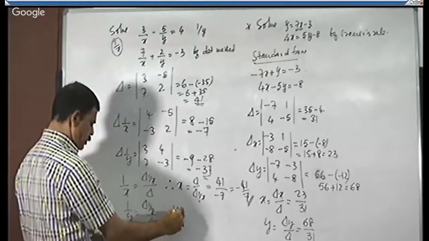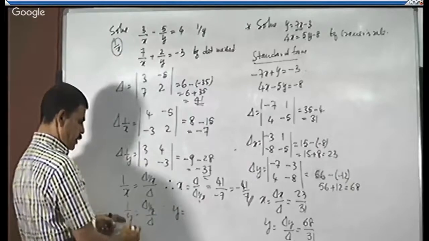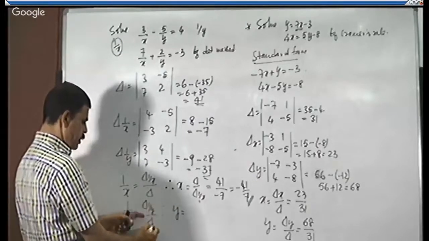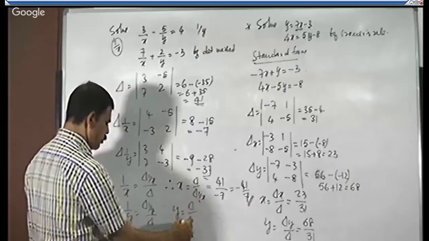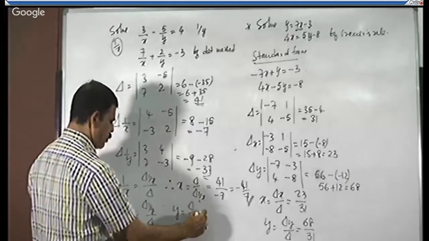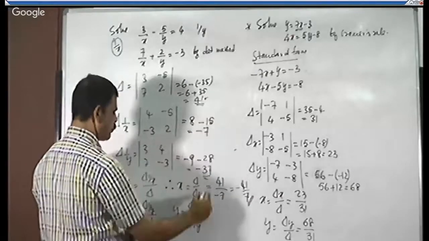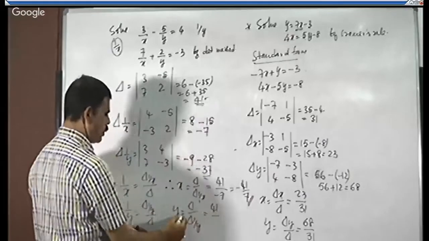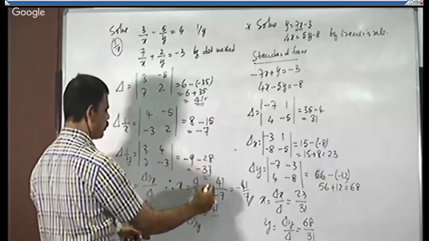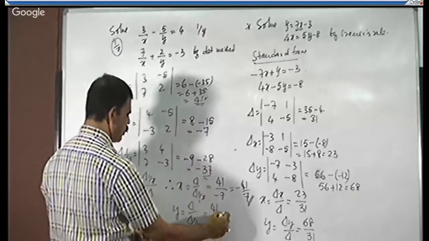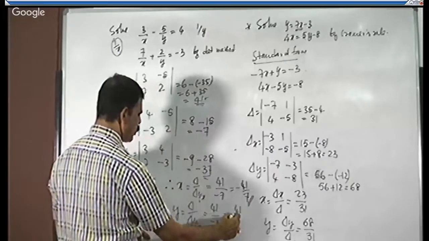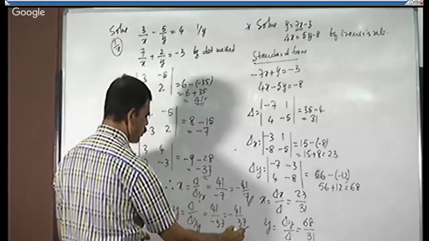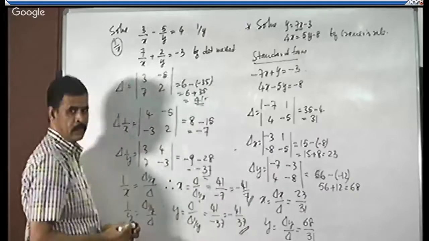Take their reciprocals on both sides. 1 by y becomes y. Delta 1 by y by delta becomes delta divided by delta 1 by y. What is delta? Delta is 41 divided by delta 1 by y, which is equal to minus 37. If it is divisible, you divide it. Otherwise, write as it is.